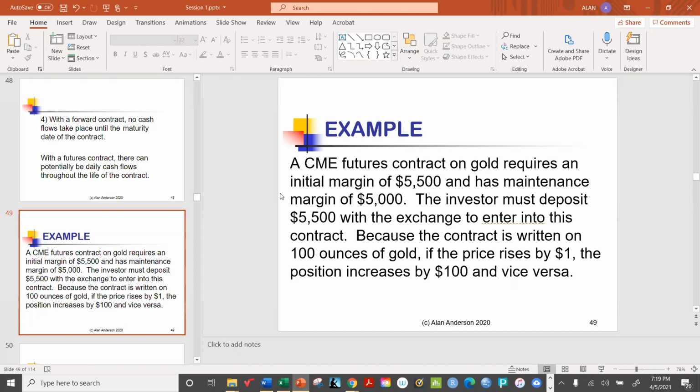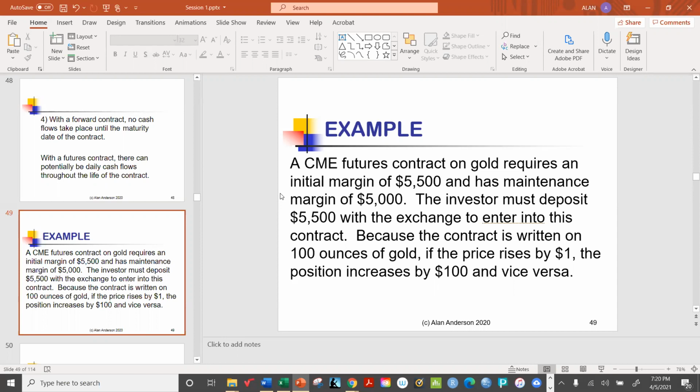So imagine now you're buying the gold contract. It's written on 100 ounces of gold. That means every time the price of gold changes by $1, the value of your margin account changes by $100. So it wouldn't take much to wipe out the balance in your margin account.